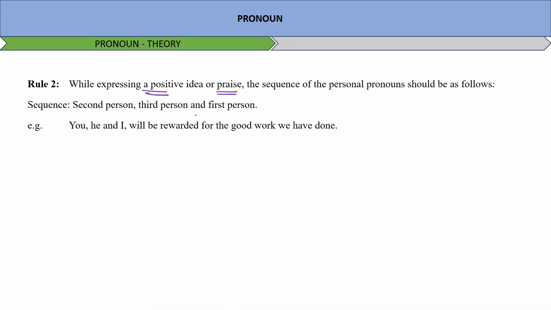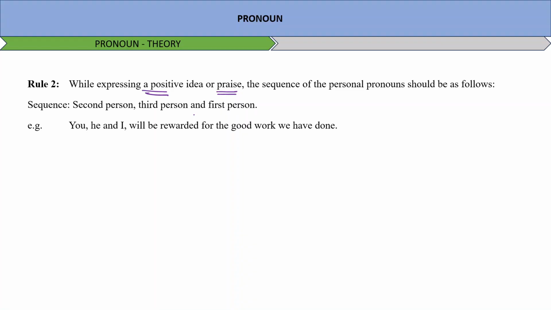You have to be wise and great enough to give credit to others first. So you will first give credit to the second person, the third person if involved, and at the end you will give credit to yourself. "You, Neha and I will be rewarded for the good work we have done." See, we are talking about a good work. This is a positive sentence.